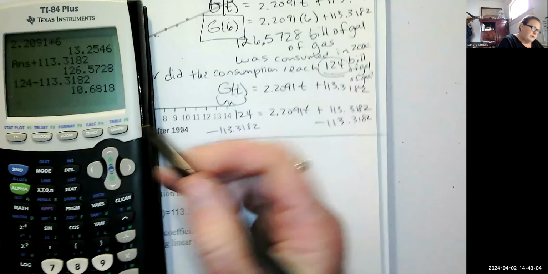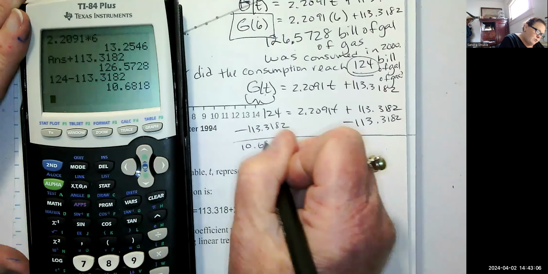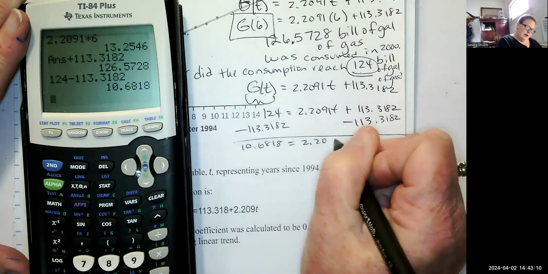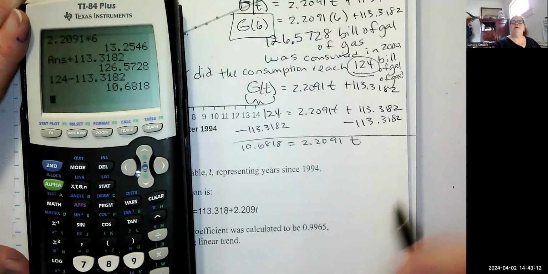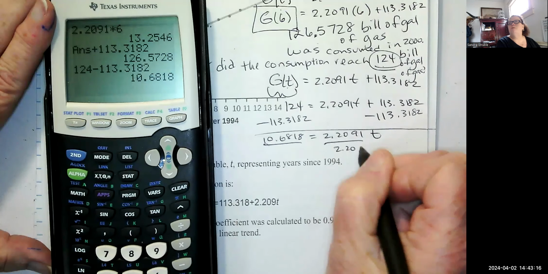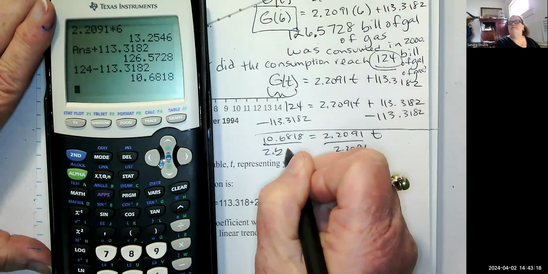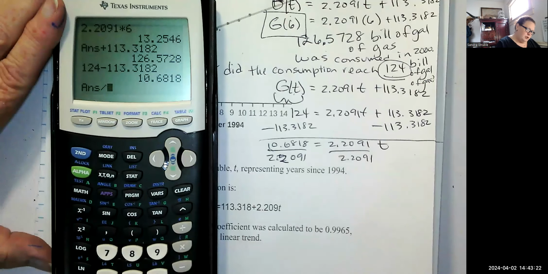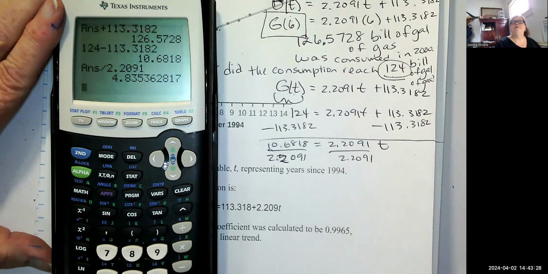And we're left with 10.6818 is equal to 2.2091 T. Now we're still solving for T, so I have to divide both sides by 2.2091. That's a 2. So divide by 2.2091, and I get 4.835. Do I need any of those decimals?